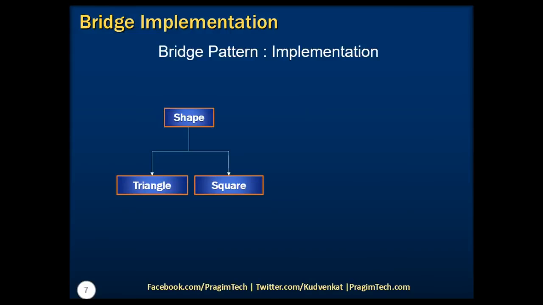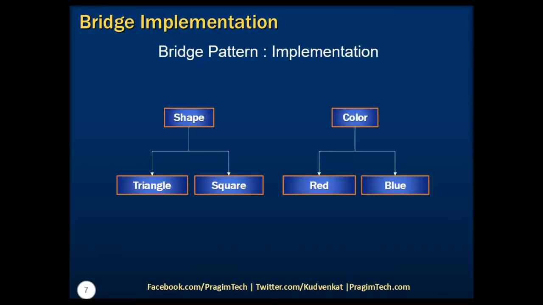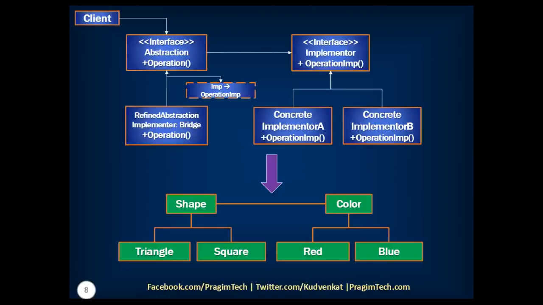Associated with this, we have an interface called color and its implementation of concrete classes which are red and blue. This is a familiar example which is floating around the internet in various articles. However, this example simplifies understanding the bridge design pattern with the representation diagram which we discussed earlier.